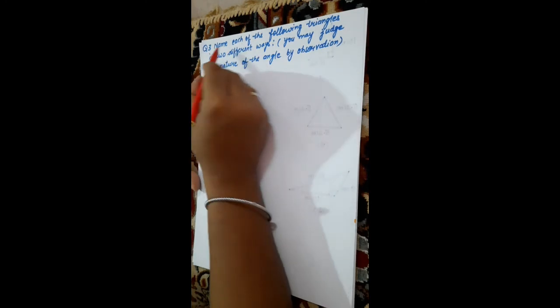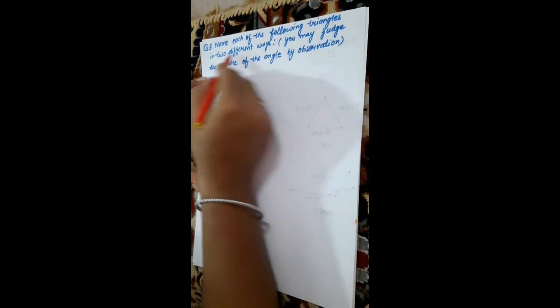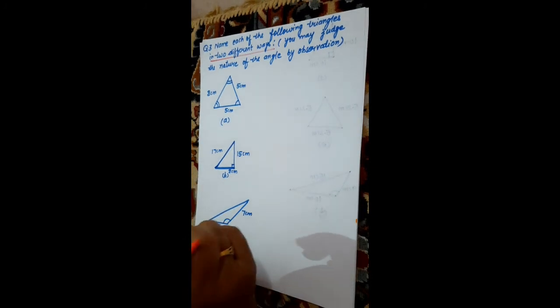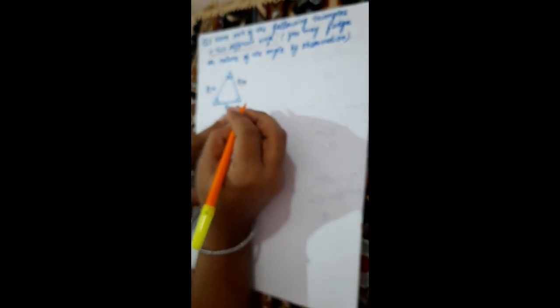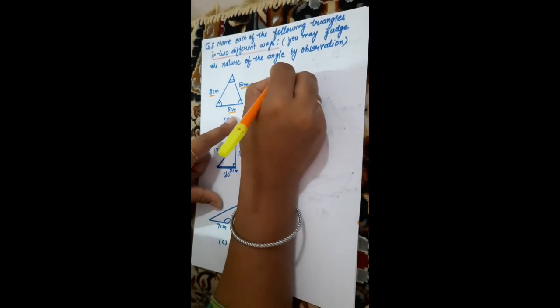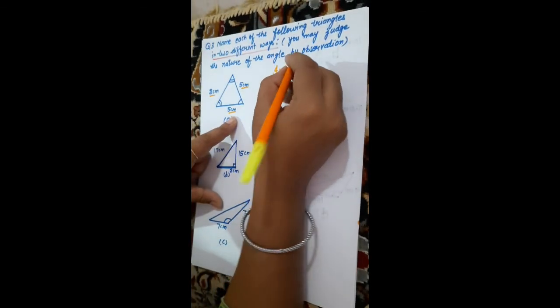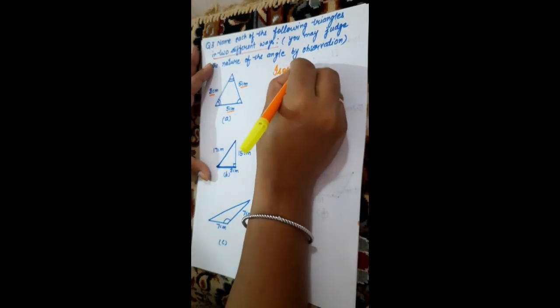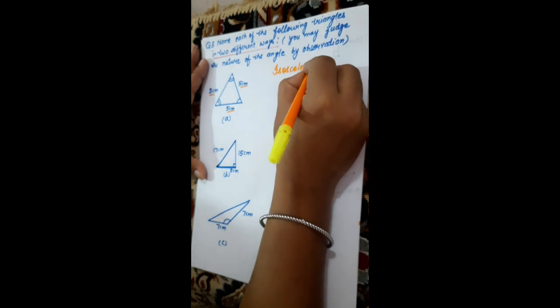Now next we have question number 3. Question number 3 is name each of the following triangles in 2 different ways. In 2 different ways means firstly you have to write the name on the basis of sides, then on the basis of angles. On the basis of sides, this triangle is an isosceles triangle.